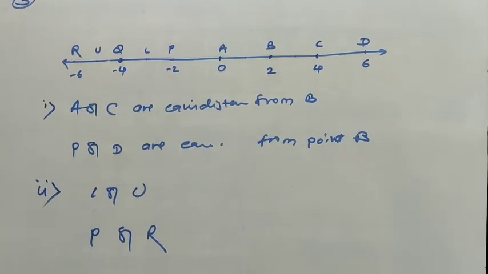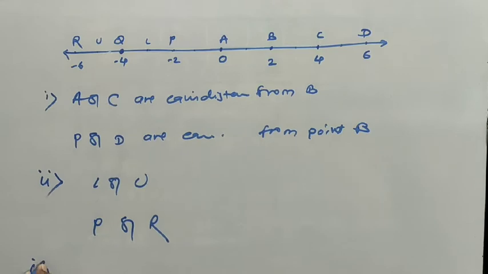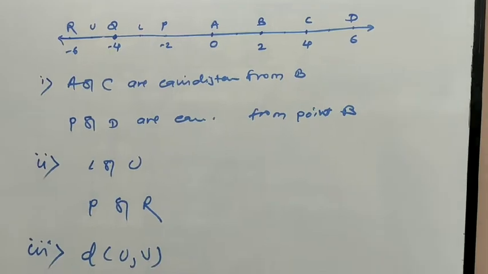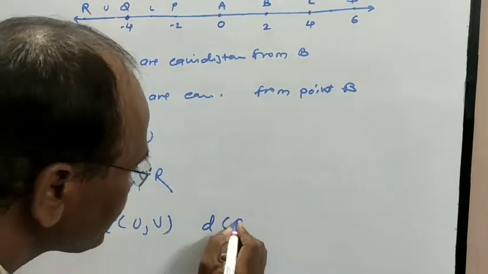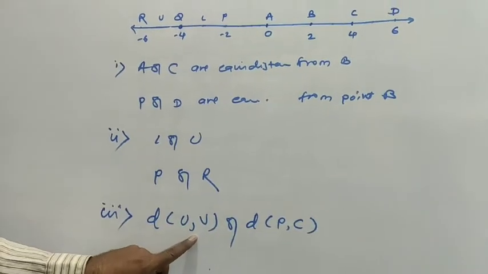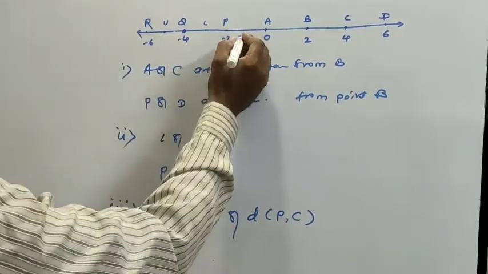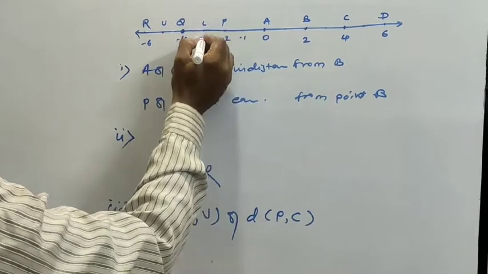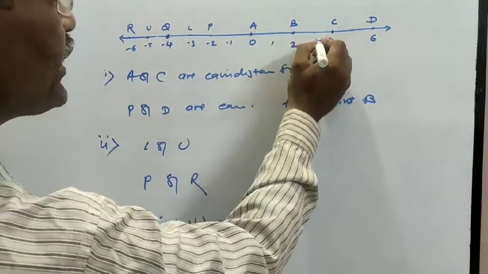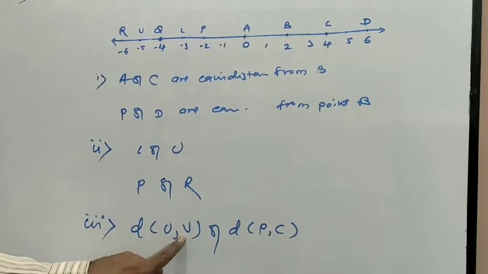Now, third question. Find distance UV, distance PC and so on. Here we have -1, -2, -3, -4, -5, and here also 1, 2, 3, 4, 5, 6. Now look here, distance UV.